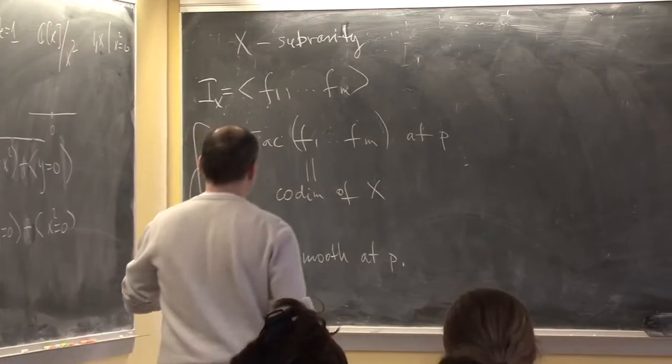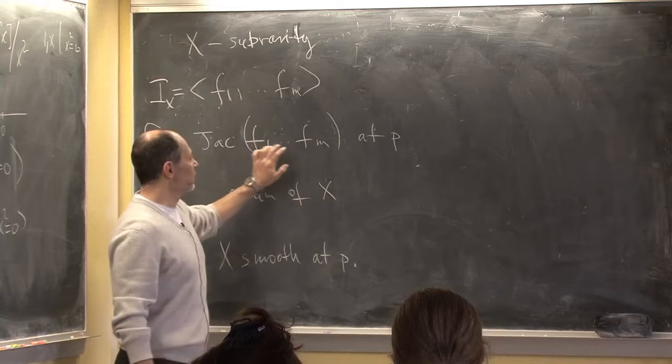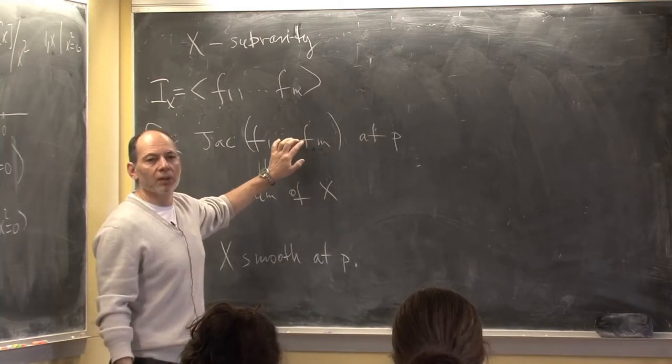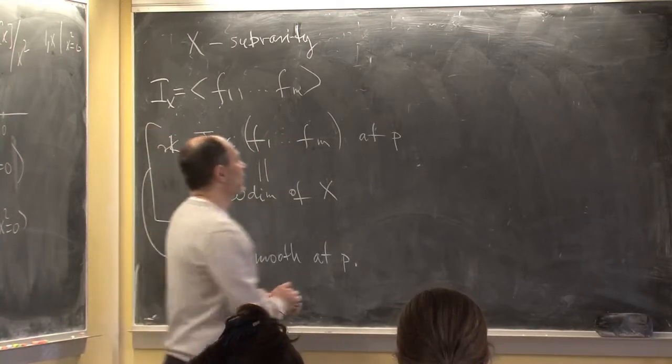So I'm mixing two things here a little bit. In fact, if the point is smooth, then the number of functions that defines the ideal, at least locally, will be the same as the codimension. You can cut out by as many functions.